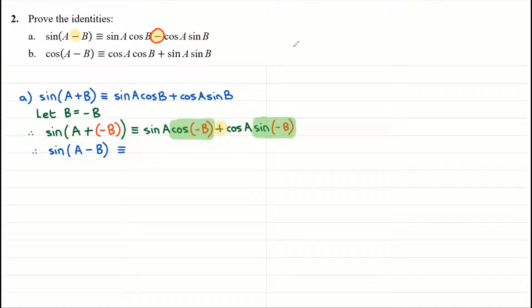For the CAST diagram, I'm just going to draw it over here, like so. So we've got the cosine, all, the sine, and the tan quadrants. And we're going to consider an angle B. Let the angle B, as in the same B that we're interested in this question, be an acute angle.